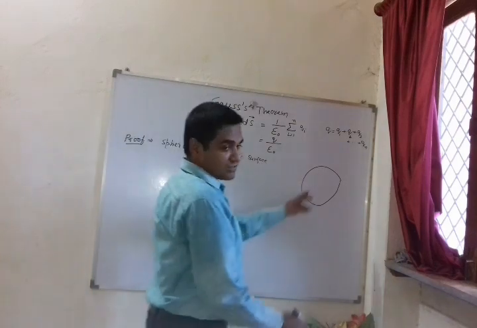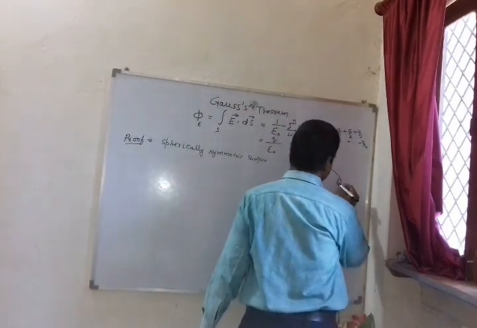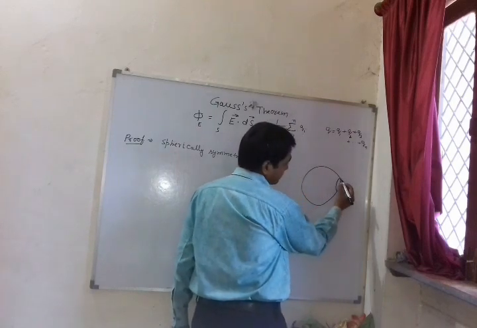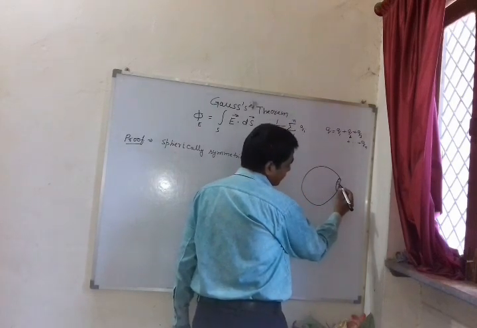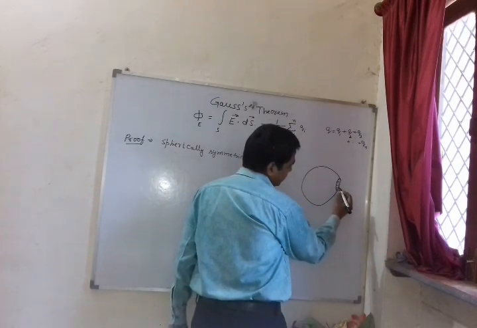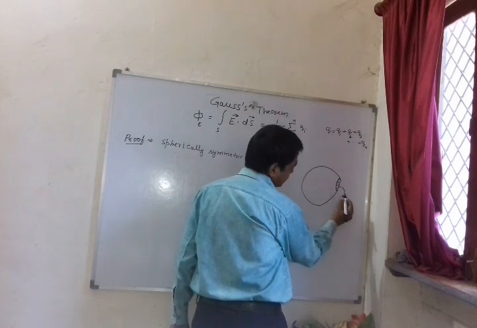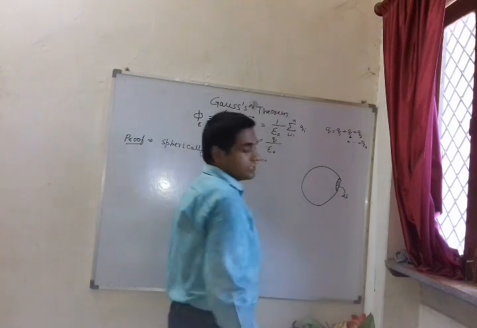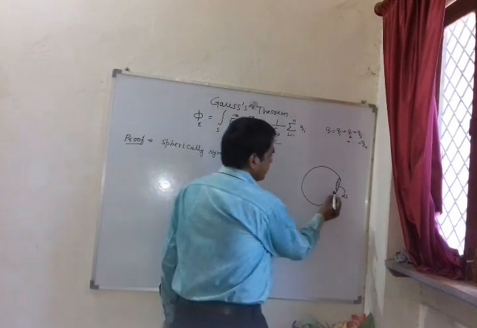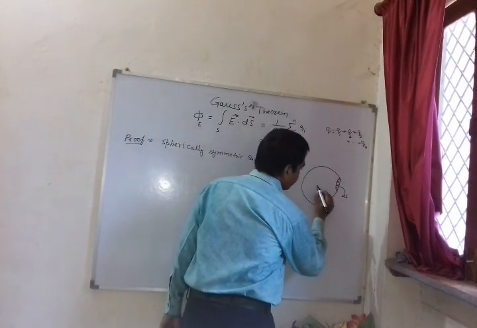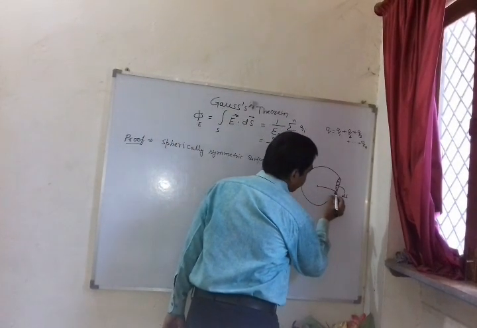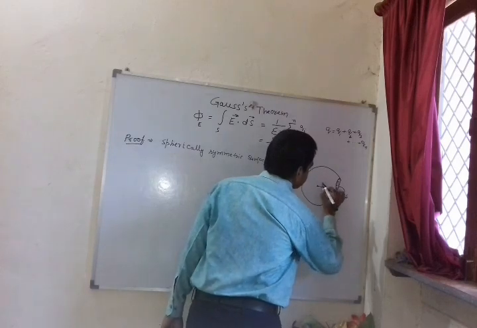Let us take a small strip of this surface. Suppose this is the small surface out of the whole surface, and this small surface is ds, and this is at a distance r from the center.